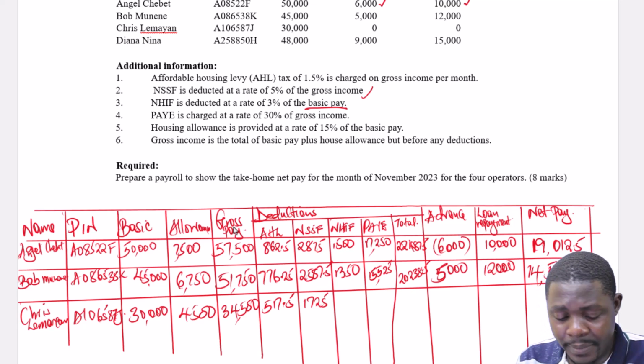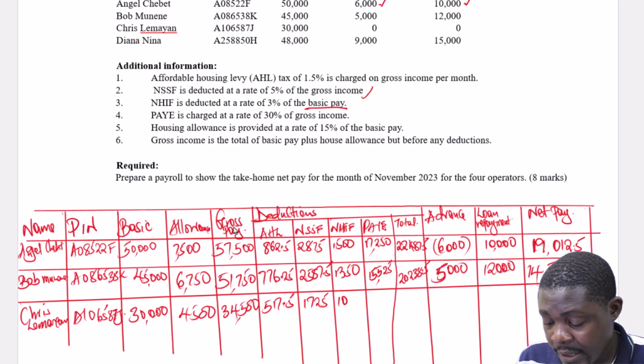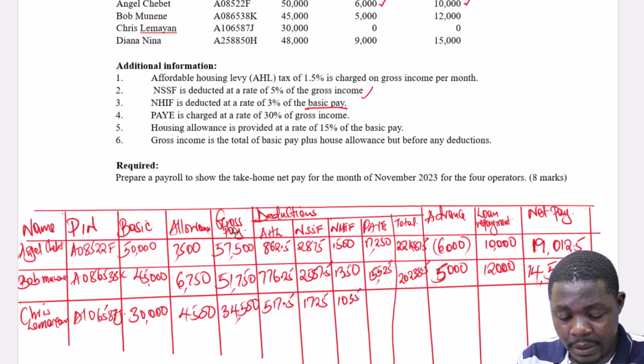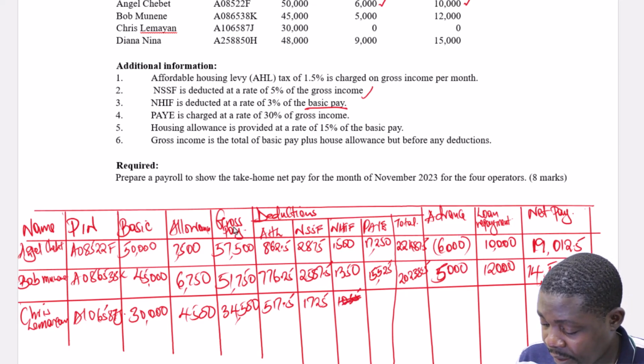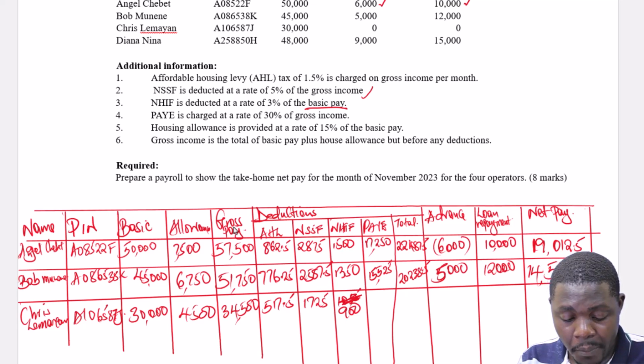NHIF we are calculating on the basic. It is 0.03 multiplied by 30,000, which is 900. Then PAYE at 30%, we get 10,350.